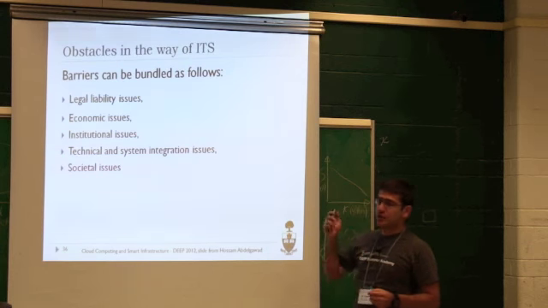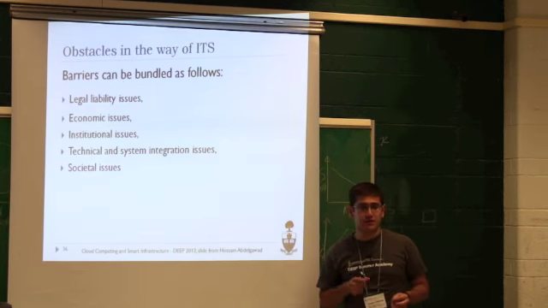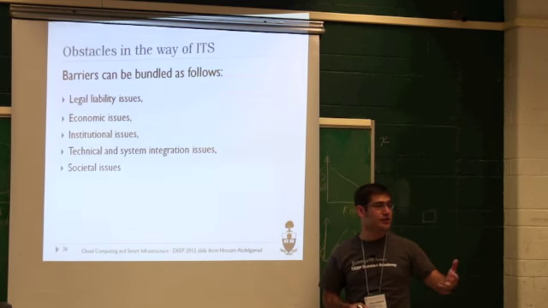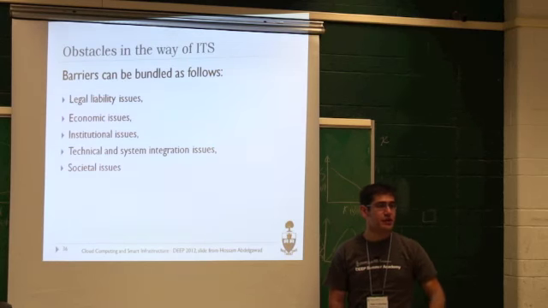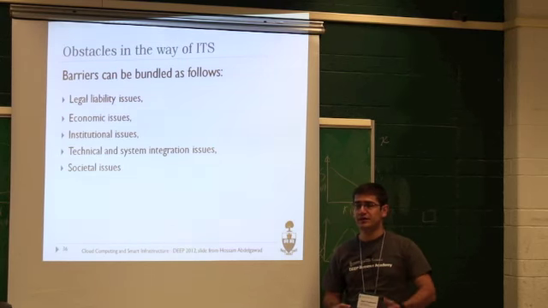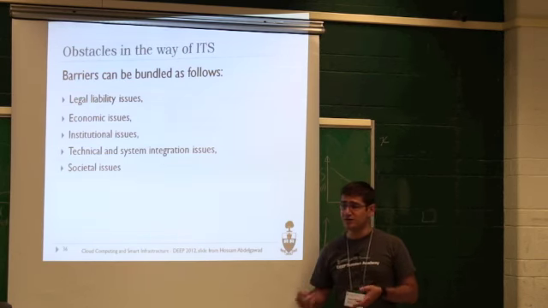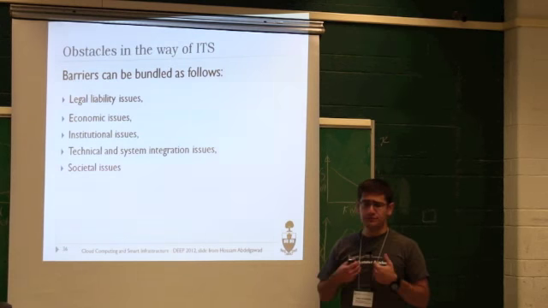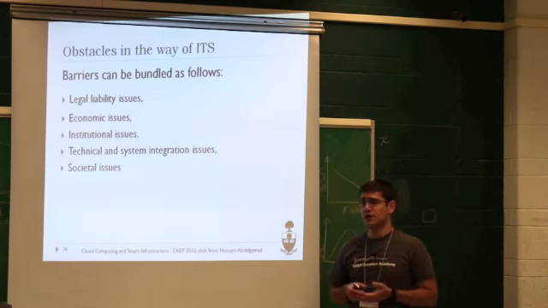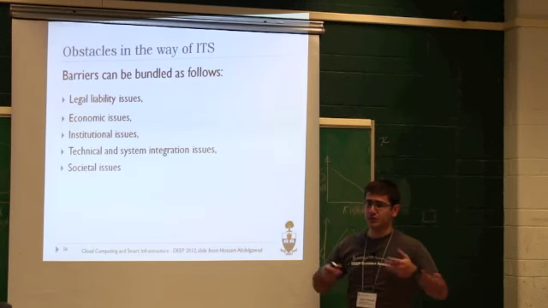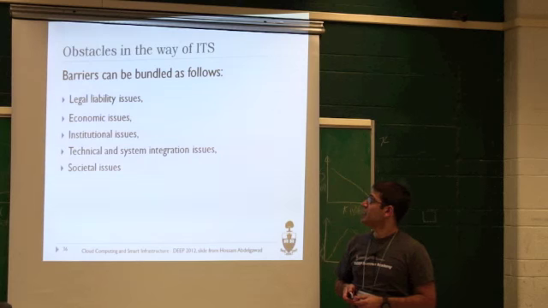Okay, there are different obstacles for ITS. And some of them have to do with liability issues. So we were mentioning the autonomous vehicles notion, and there it wouldn't be clear, if you had autonomous vehicles, who's responsible. If you have an accident, who would be sued, or would the insurance company be willing to pay you back or fix your car?